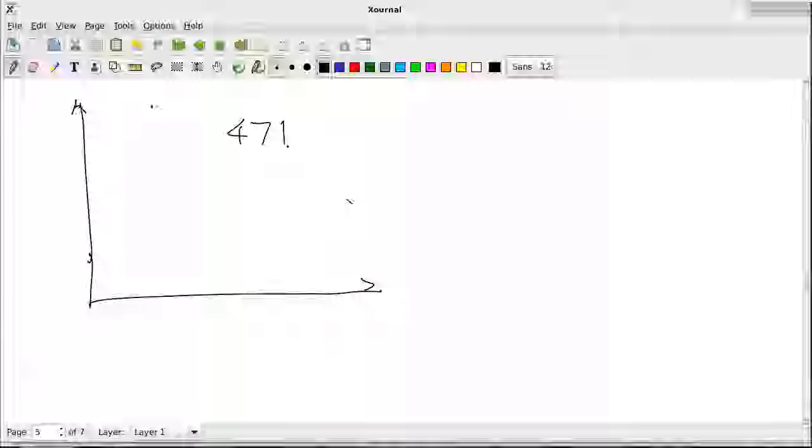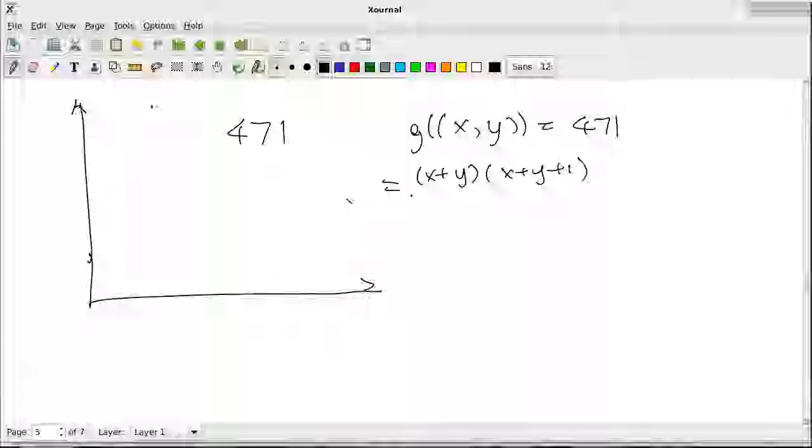So what we're now saying is g of x, y equals 471, and we want to figure out what is the x and what is the y. We also know what g expands to: x plus y times x plus y plus 1, the whole thing divided by 2, plus y, equals 471. So how do you solve for x and y?